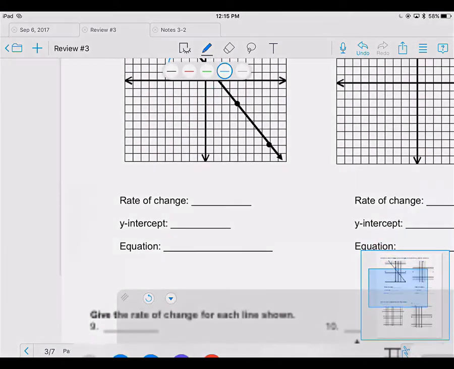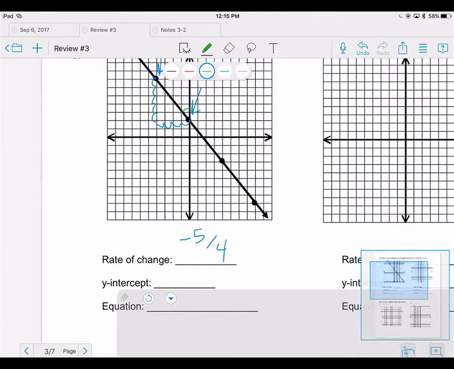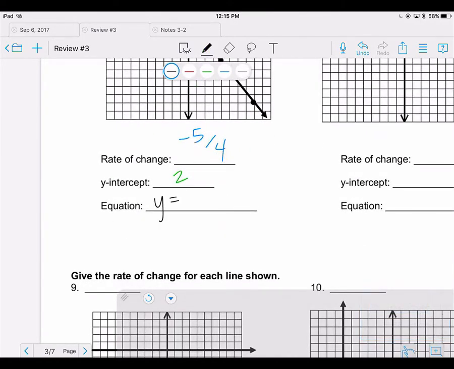Because I went down, it's a negative 5 over 4. My y-intercept crosses at 2, so when I put it all together, negative 5/4 x plus 2 is my equation.